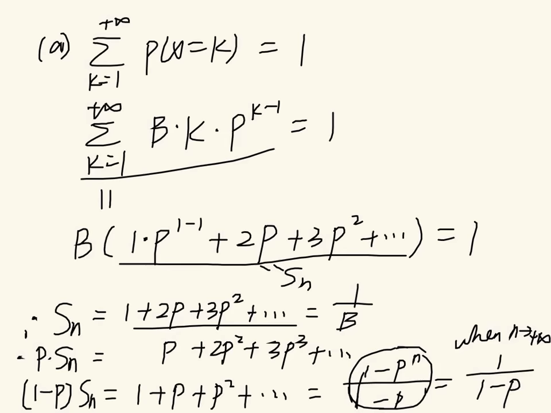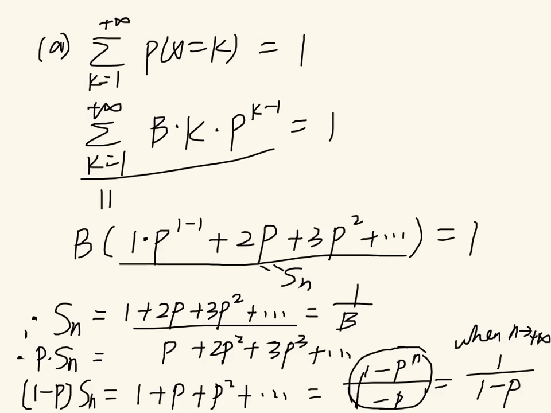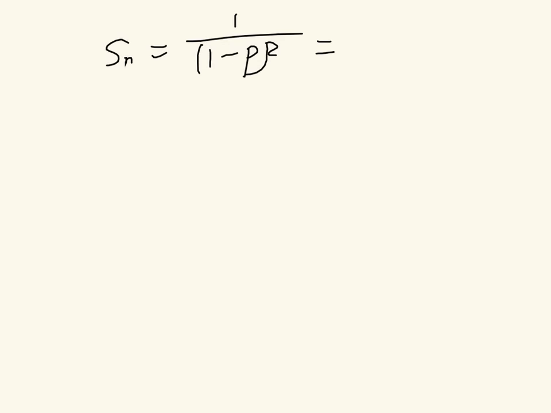So we have Sn equal to 1 over 1 minus p squared, and Sn equal to 1 over b. So we have b equal to 1 minus p squared.